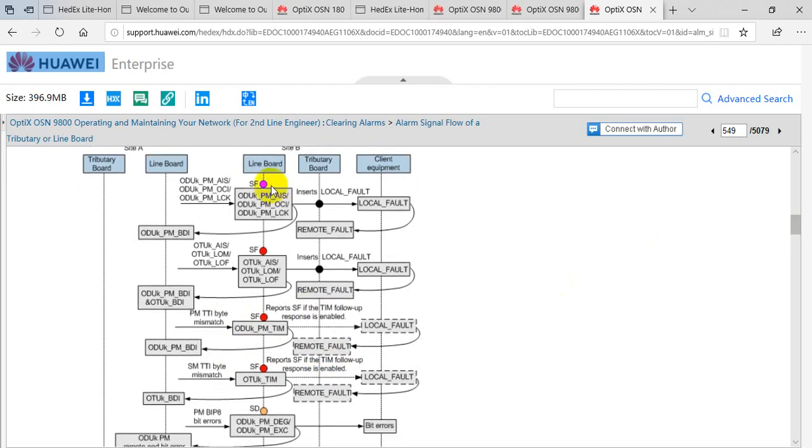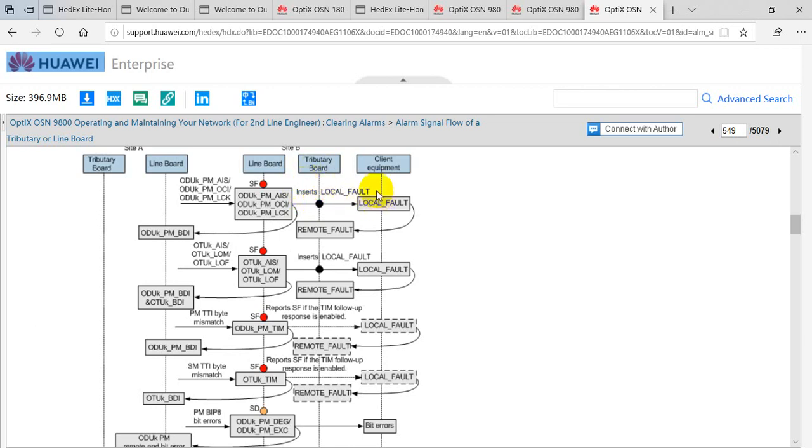So in terms of signal failure type of alarms, the insert local fault goes in the same way as the earlier scenario. On the tributary board side, the tributary board inserts a fixed pattern, which means a local fault at the receiving end.